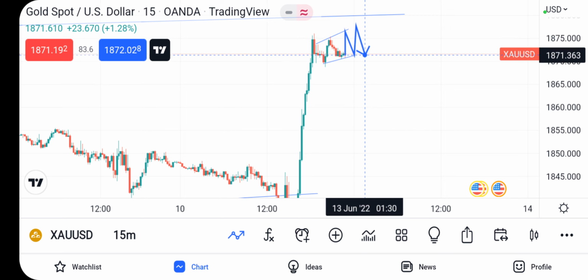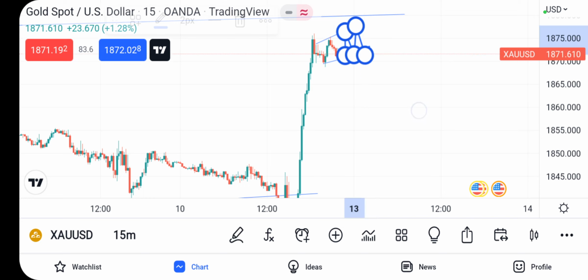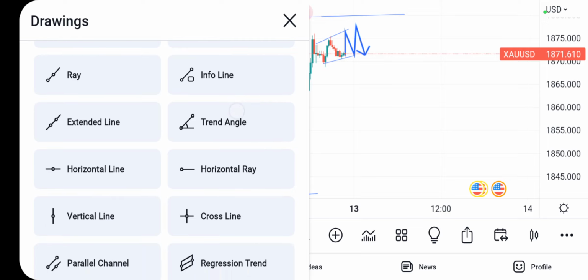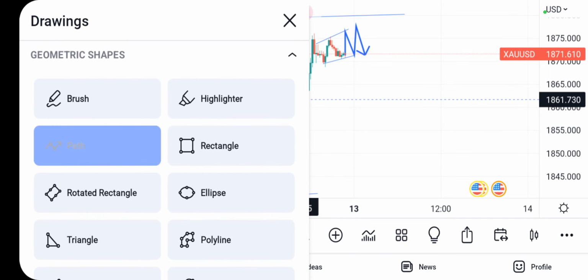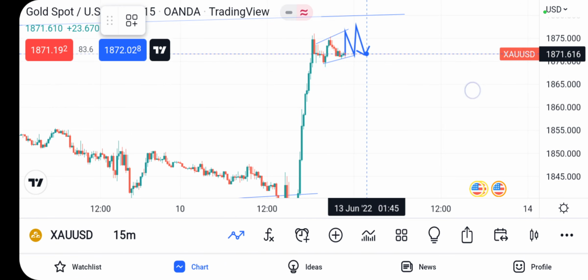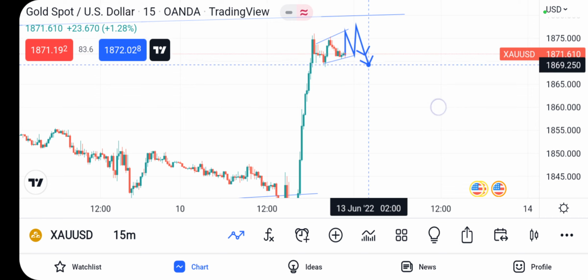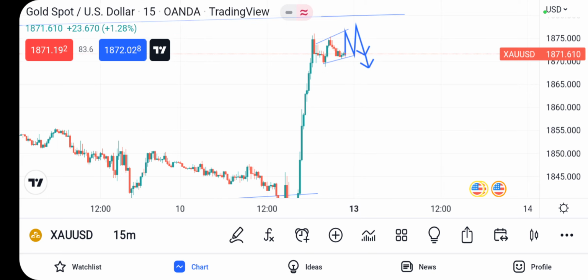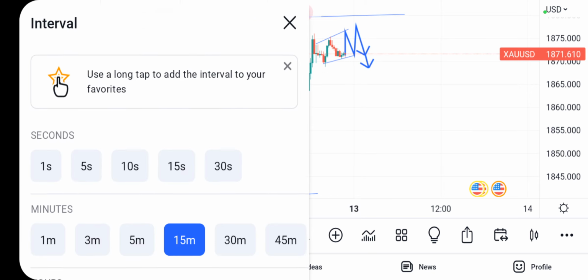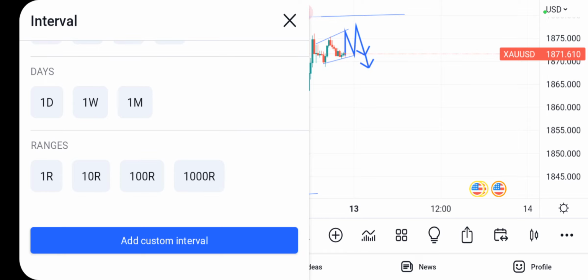I'll only take the trade when it breaks. Let me show you what I'm trying to say here. When it breaks out of the structure like this, I'll set a sell pending order there.